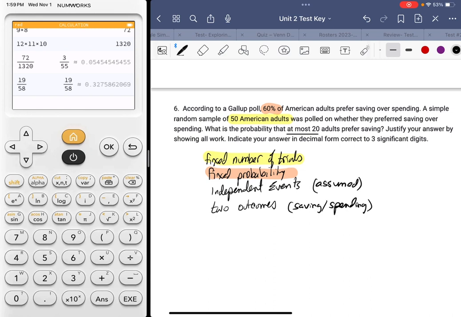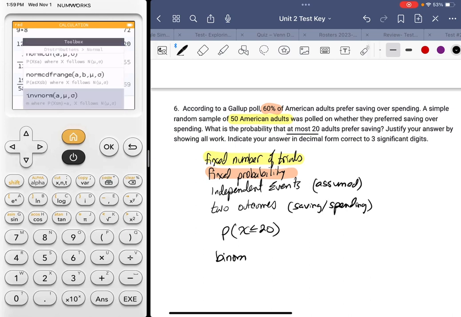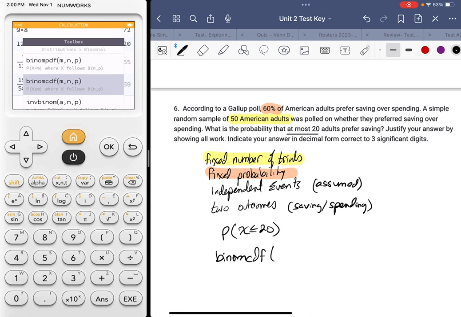All right. So I want the probability that x is less than or equal to 20. Because it's binomial, I'll use the binom CDF. So that's in my toolbox. So let's say you're starting right from the beginning of the toolbox, go to probability, distributions, binomial, and you'll see the one with the less than or equal, binom CDF. 20 is my quote-unquote M value.